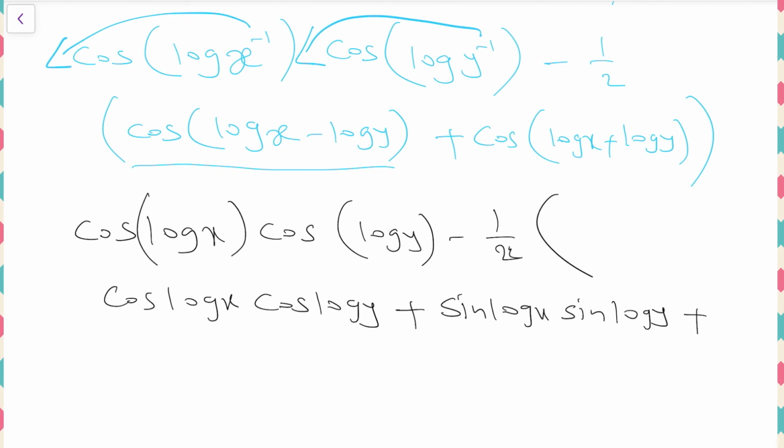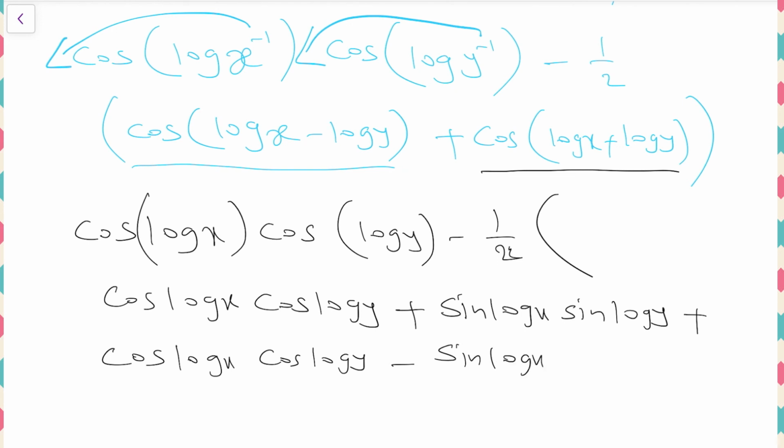Plus cos of log x plus log y, this is in the form of cos of a plus b, so that will become cos a cos b minus sin a sin b, that is cos log x cos log y minus sin log x sin log y.